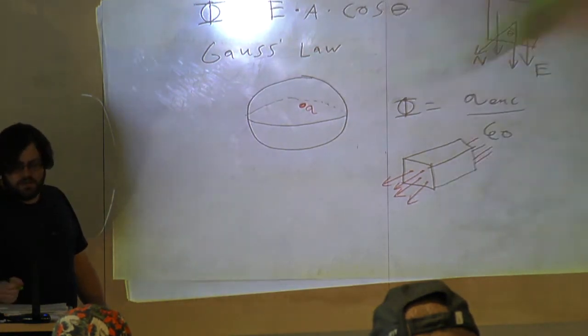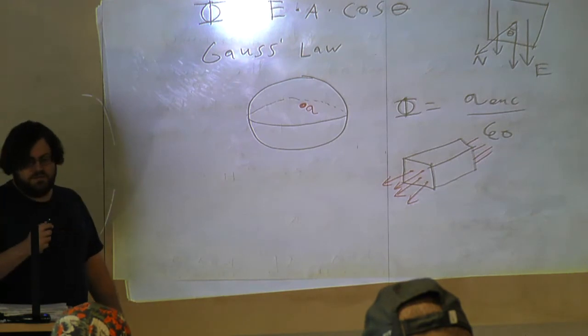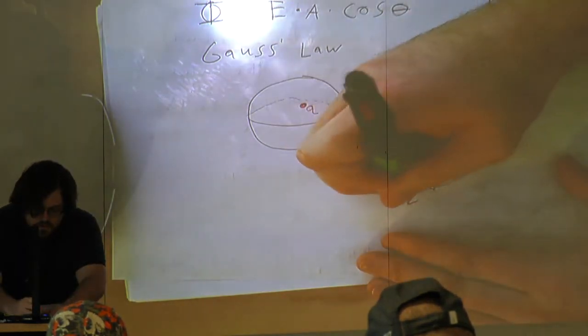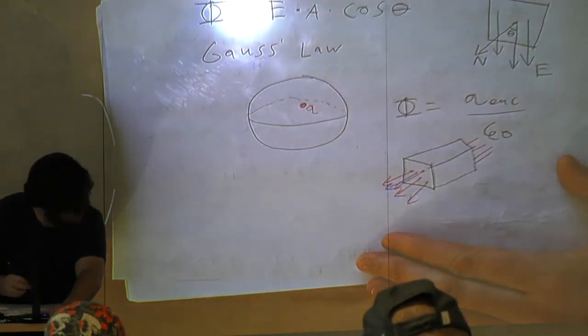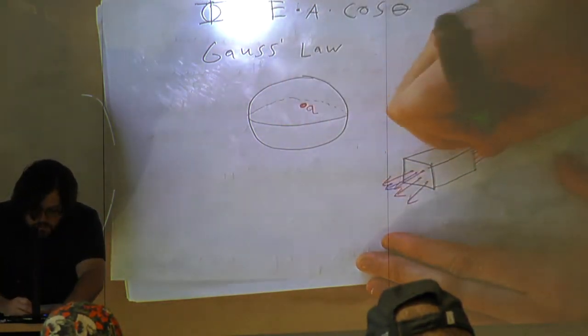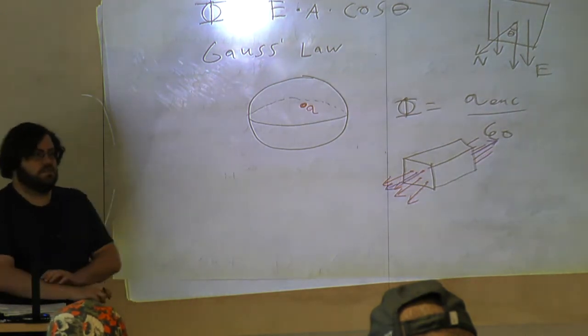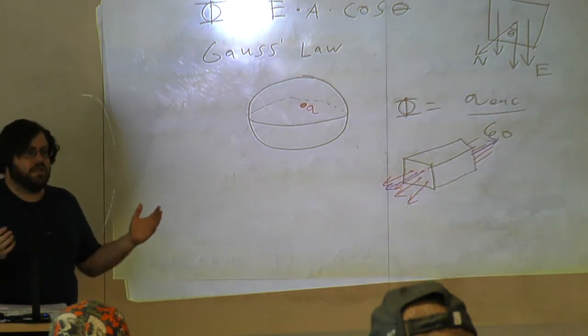The reason for that is that the normal vectors on these shapes go like this. This normal goes out. This normal also goes out. Normal vectors on the surfaces of shapes always go out from the shape.